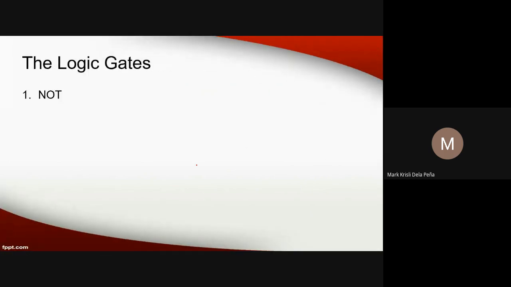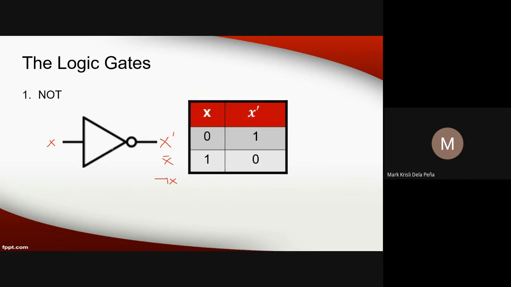So here are our logic gates. We have NOT. The symbol for NOT is this one. The NOT gate has one input. If our input is X, the output would always be the complement of X, or we can write it as X bar, or NOT X, the negation of X. The truth table, again, is just a negation.